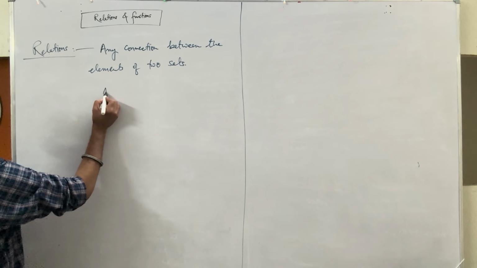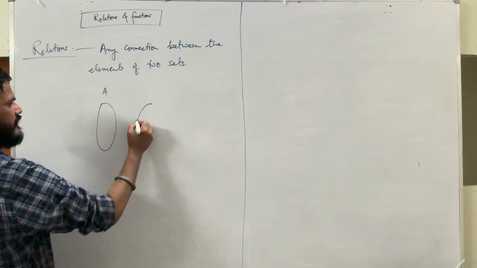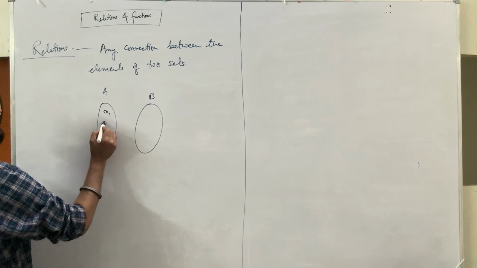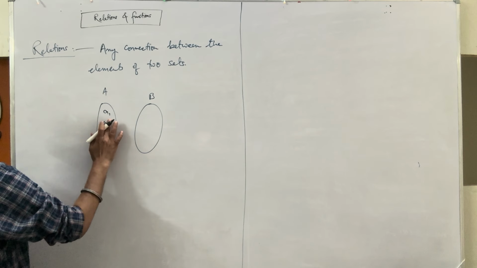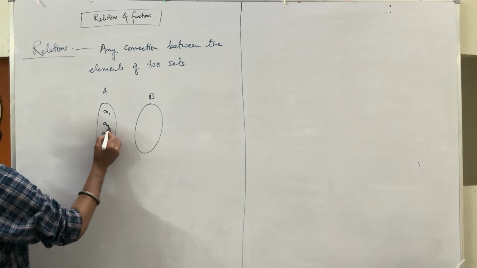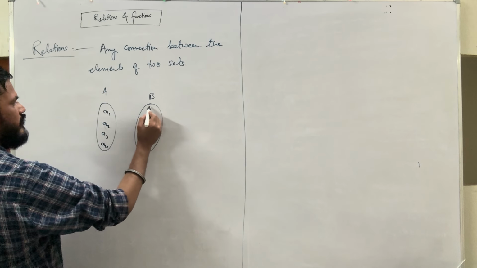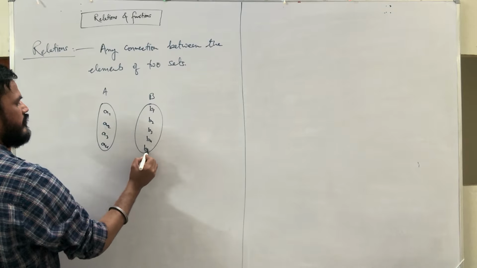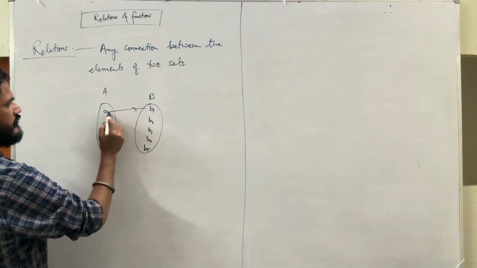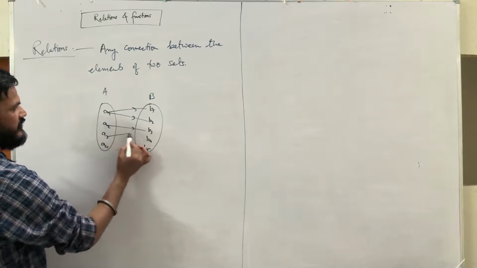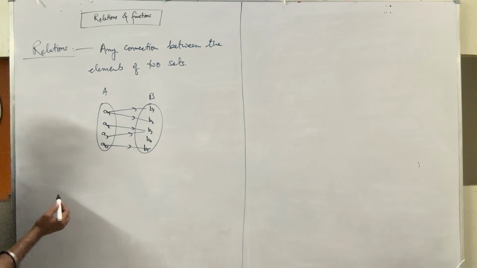For example, let us consider two sets A, B. Let us take A1, A2, A3, A4, and B1, B2, B3, B4, B5. A1 is connected to B1, A2 is connected to B3, like this.